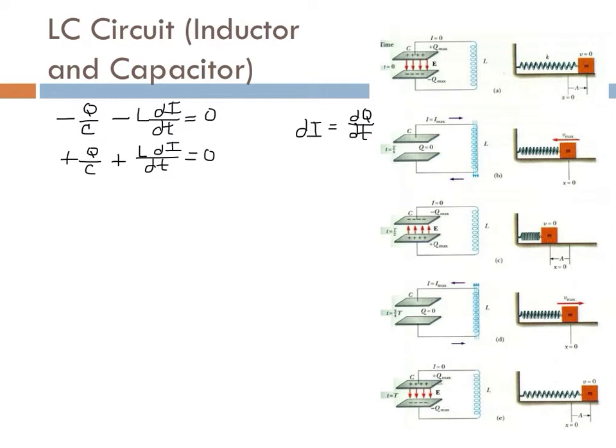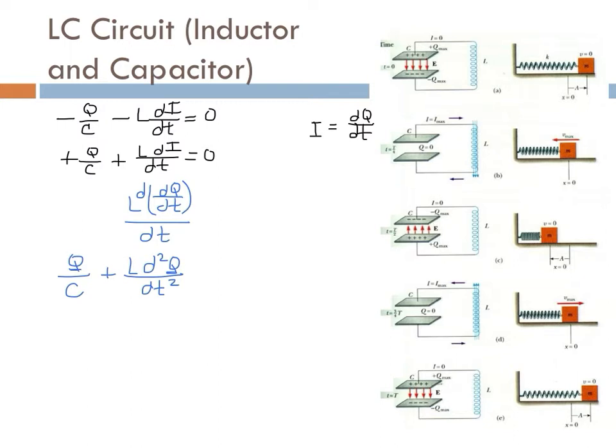So if I make that replacement here for i, this equation actually becomes the second derivative of charge with respect to time. Now you have a charge, and you can do the process very similarly.